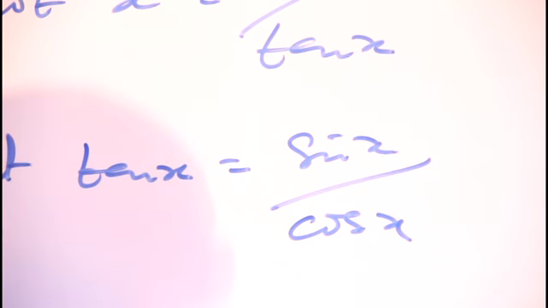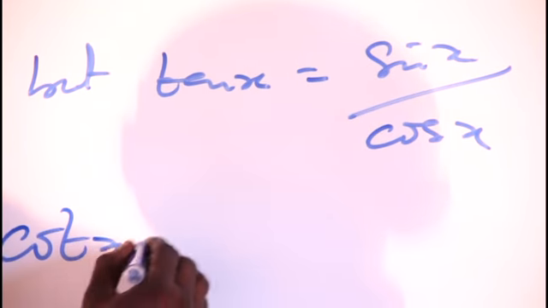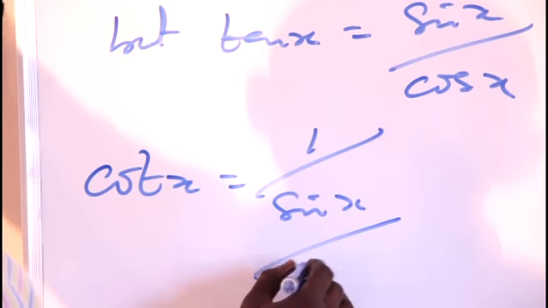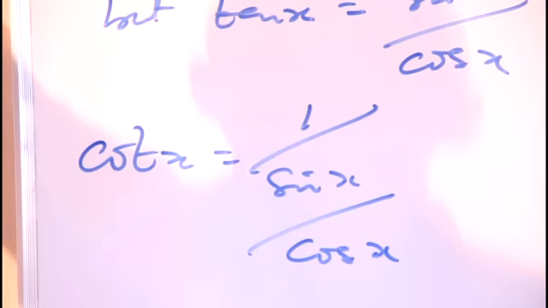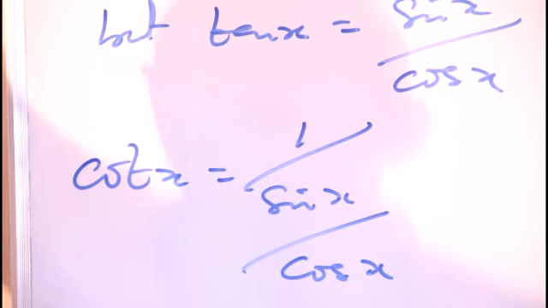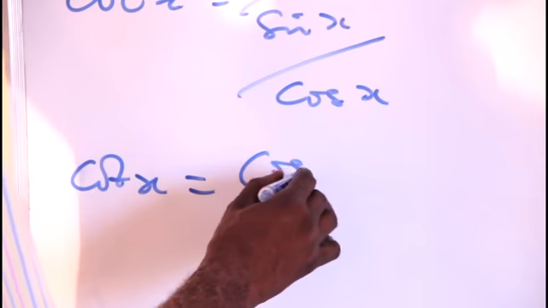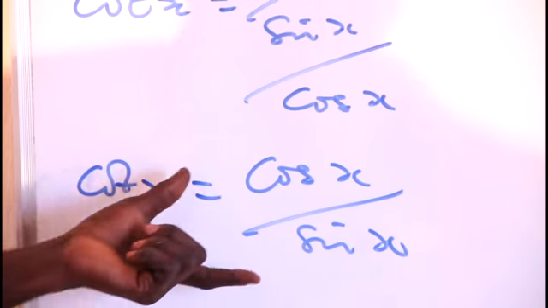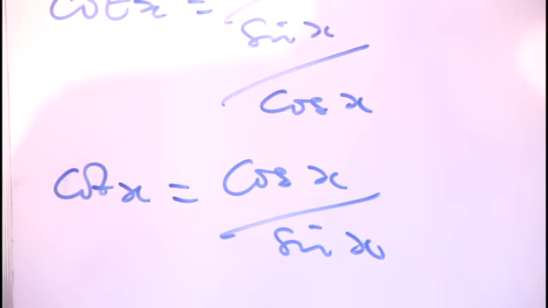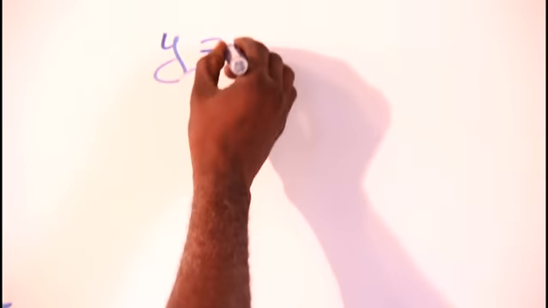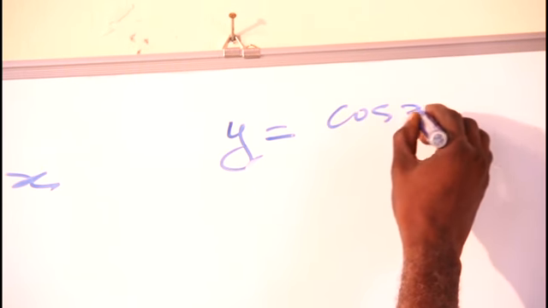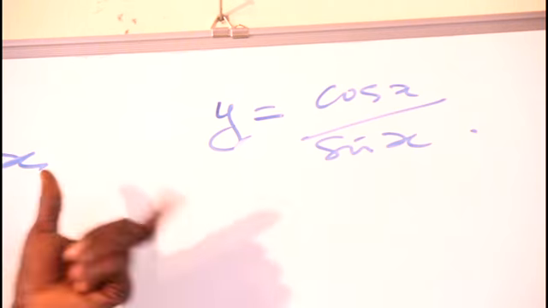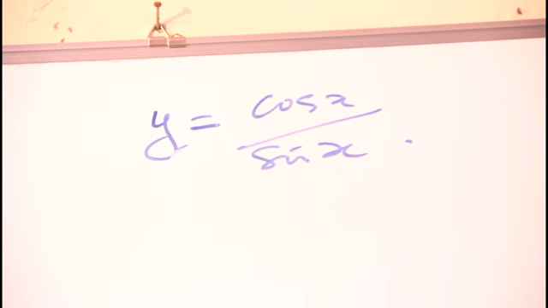When we substitute it here, cot x will be equal to 1 over sine x over cos x. By implication, cot x will be equal to cos x over sine x. So now we can substitute this value, then we'll end up having y being equal to cos x over sine x. Now this is what we need to find the derivative of.